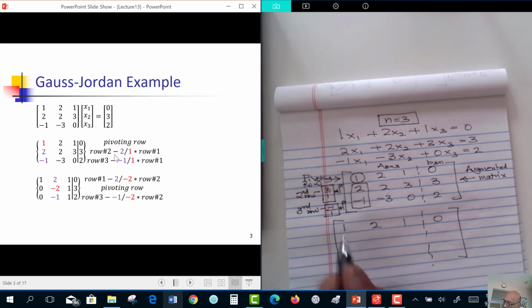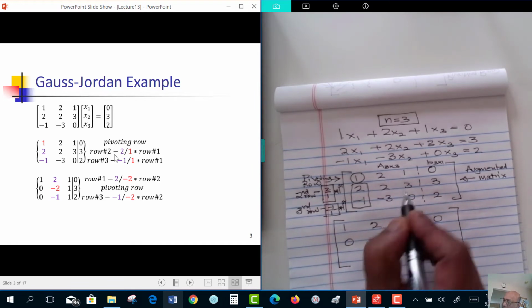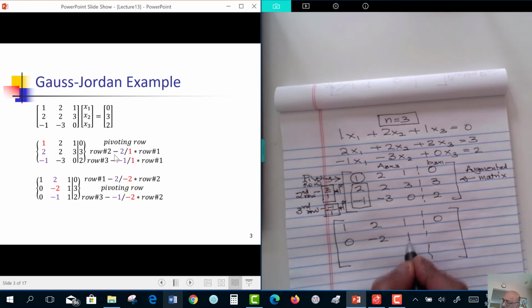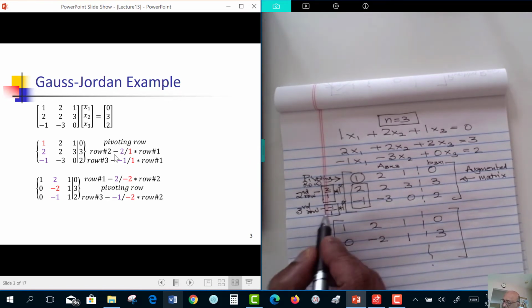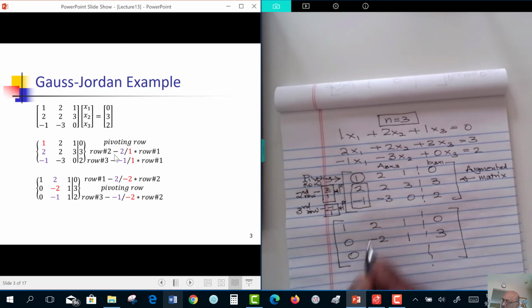So 2 minus 2 times 1, 2 minus 2 times 2, 3 minus 2 times 1, 3 minus 2 times 0. That's what we will get. This says we are going to add third and first row. 0 plus 2 is 2. So we have finished first step.